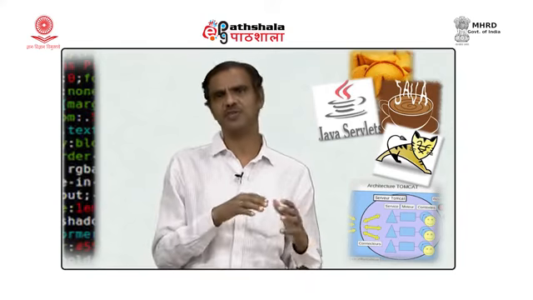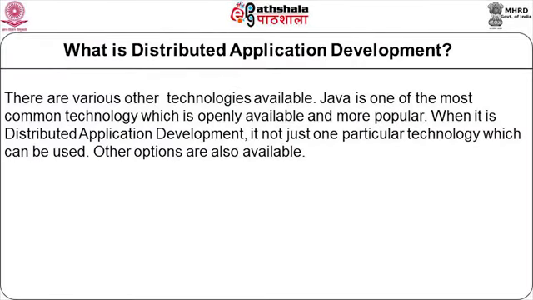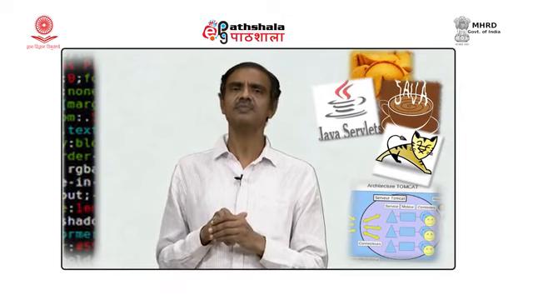For that reason we have chosen Java for all our modules, so most places you will find Java being used. But when it is distributed application development, it is not just one particular technology that can be used; equivalent options are there.